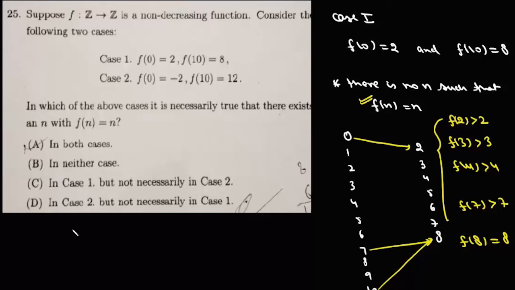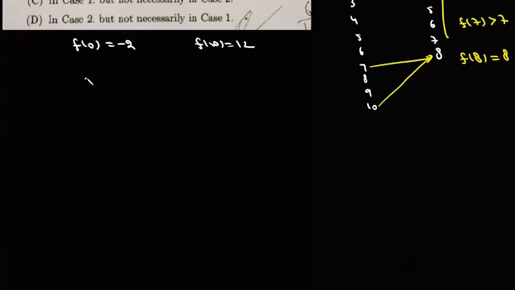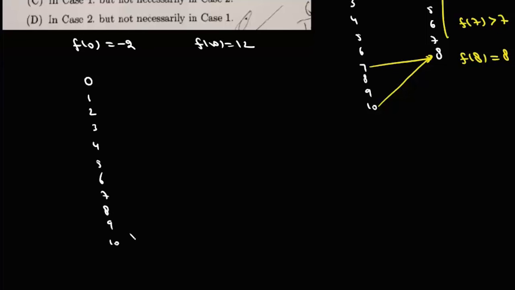Now in this case 2, we are given that f of 0 is minus 2 and f of 10 is 12. So here we have again numbers from 0 to 10. So it will be this 0, 1, 2, 3, 4, 5, 6, 7, 8, 9 and 10. And now the numbers we have are from minus 2, minus 1, 0, 1, 2, 3, 4, 5, 6, 7, 8, 9, 10, 11 and 12.